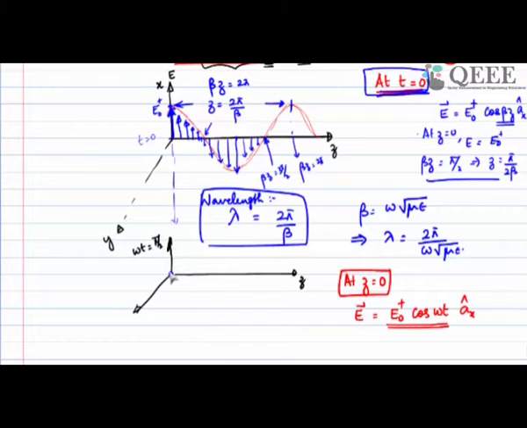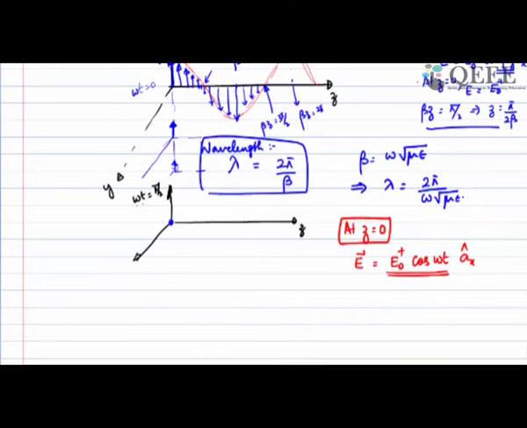It's getting its null at z equal to 0, which means if I am tracking this vector, it had this magnitude, and between omega t equal to 0 and omega t equal to pi by 2, it got this magnitude and then a further smaller magnitude. I am trying to do a time trace here.